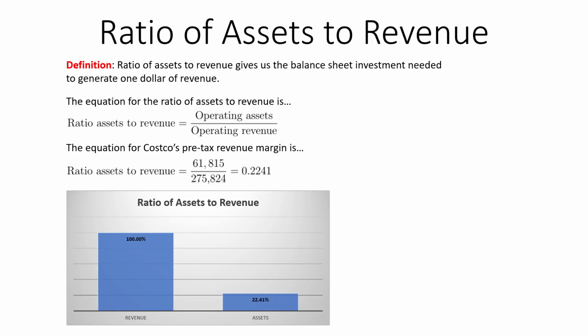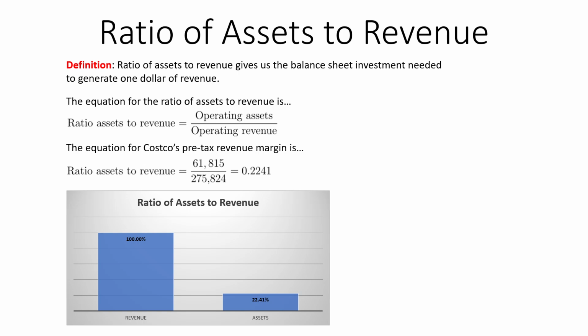The next thing we're going to look at is the ratio of assets to revenue. The definition: the ratio of assets to revenue gives us the balance sheet investment needed to generate $1 of revenue. So the equation is we take operating assets and divide that by operating revenue.